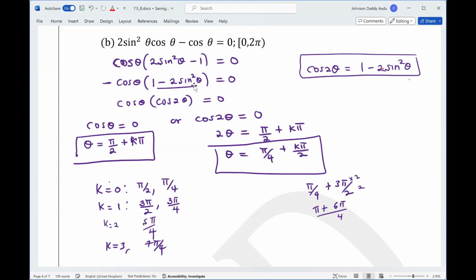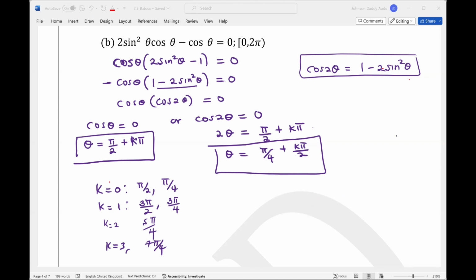And if k equals 4, definitely here we can't get anything. So these are the possible solutions here. So here we cannot take k equals 4.